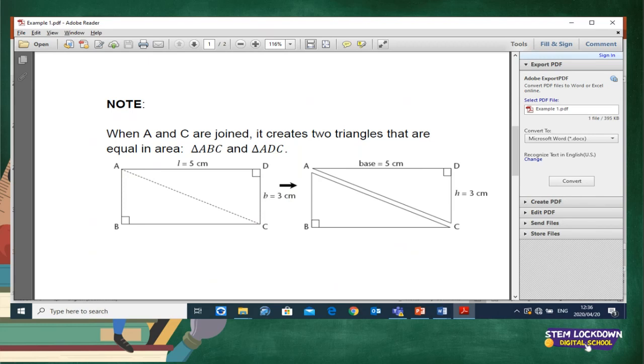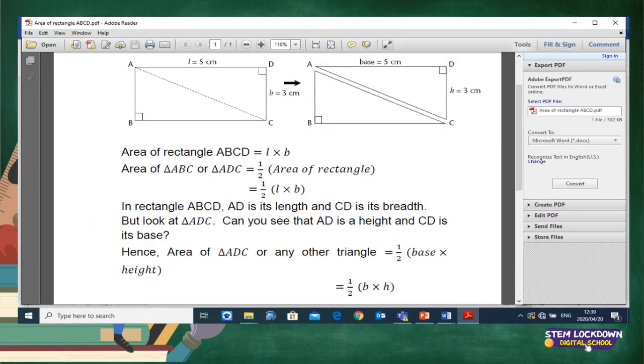But how do you do it in practical terms? In practical terms, we have now defined the area of the rectangle ABCD, and we have said that the area is length times breadth.